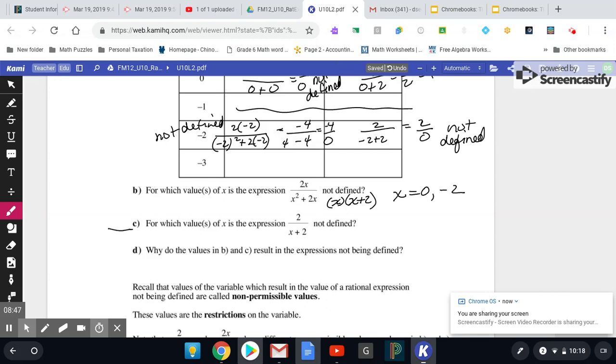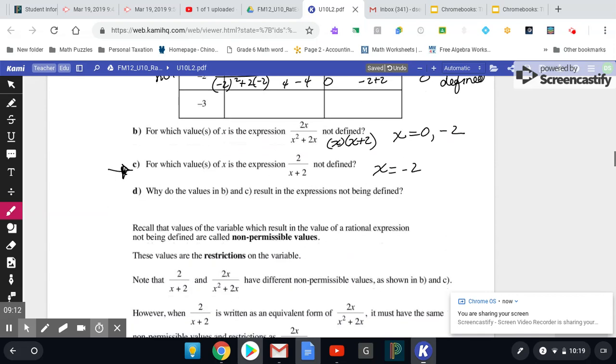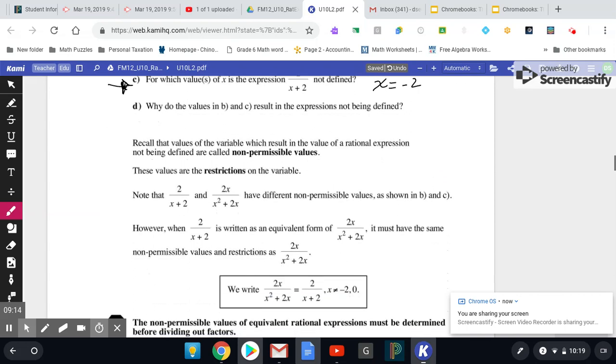However, when we look at this simplified version, we discover that x plus 2 will not be defined only when x is negative 2. So we are missing the 0. So you must learn that you factor first, you pick your non-permissible values, and then you cancel. If I could say it all, I would say factor first, pick your non-permissible values, and then reduce.